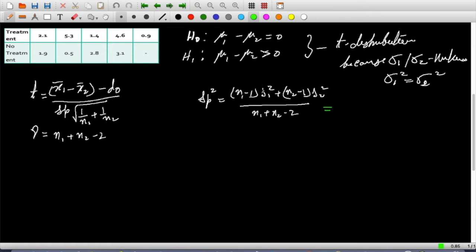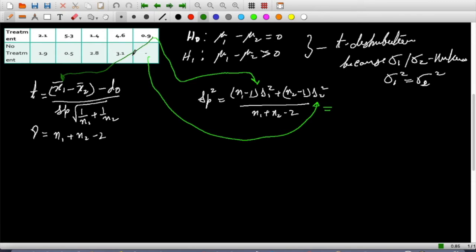we require the value of S1 square and S2 square, and S2 will be calculated from this set of data. X1 bar will be calculated from this set of data, and X2 bar will be calculated. What are these values?